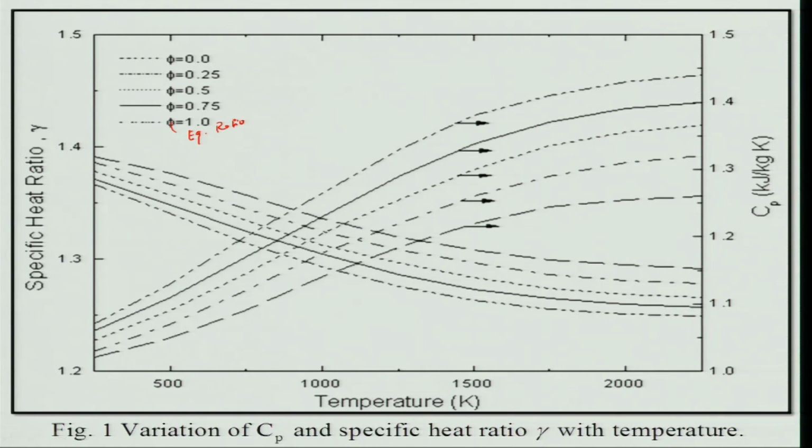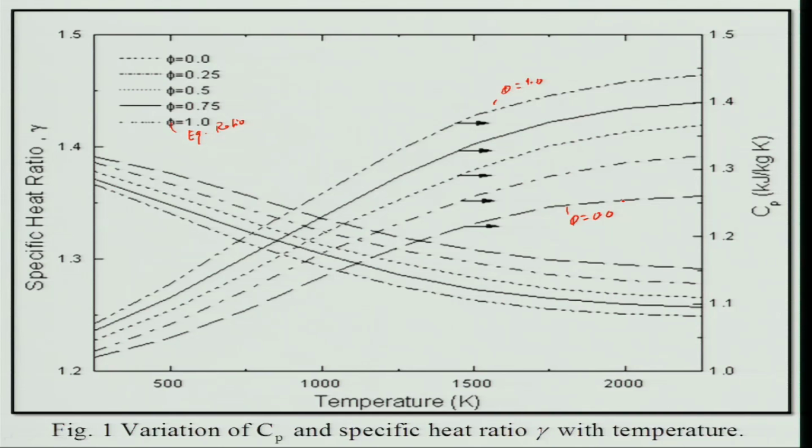If it is 1, you will get higher Cp values, and keep in mind that these are the Cp values I have shown. Cp is increasing with respect to temperature, and this is phi equal to 1, and as it decreases it becomes phi equal to 0, the smaller one.